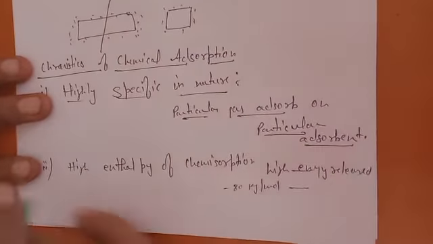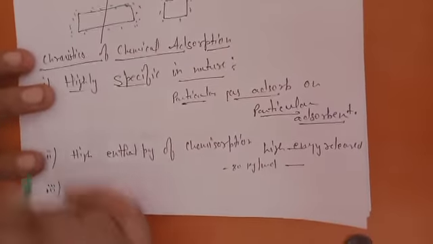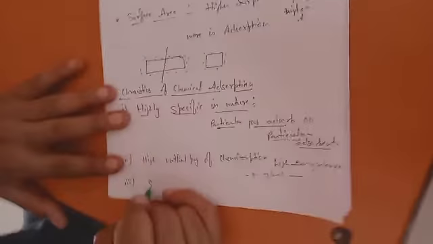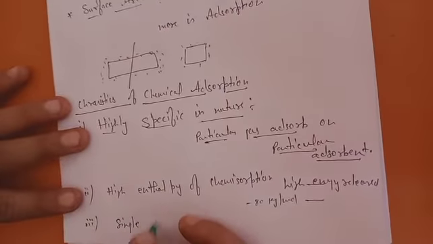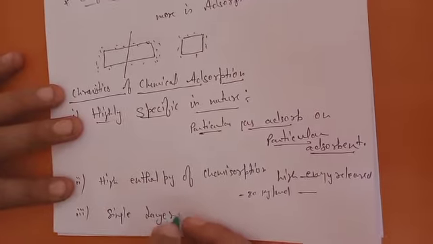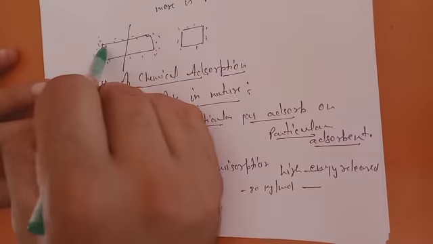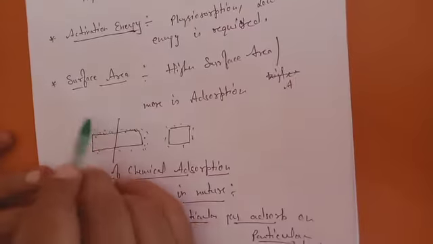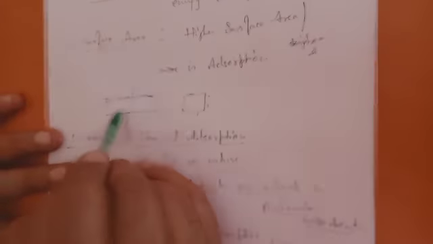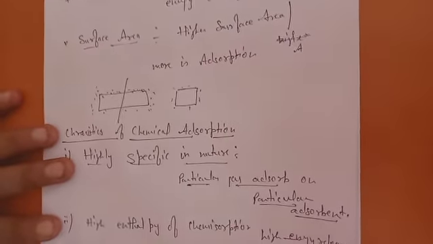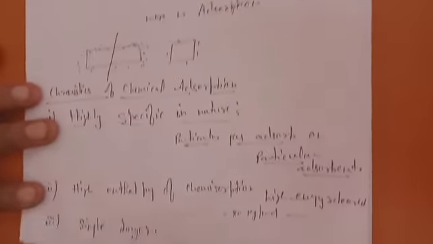Third point: it is not multi-layer, but a single layer phenomenon that occurs in this case, because after the surface gets completely occupied, no more gas is able to form a chemical bond further with the adsorbent. That's why it is a single layer, not a multi-layer phenomenon.